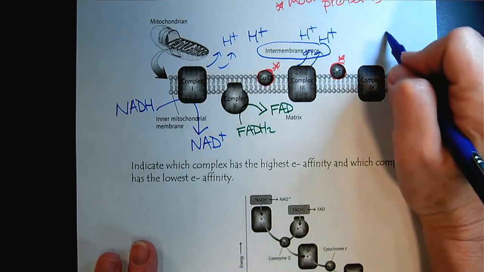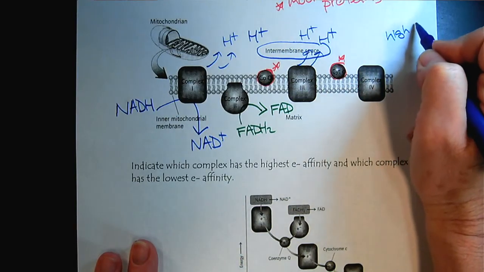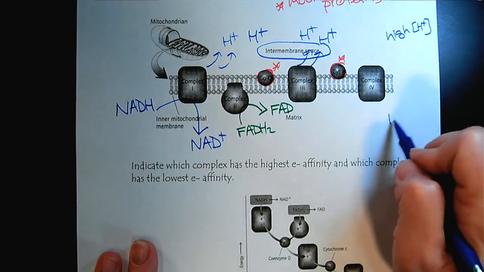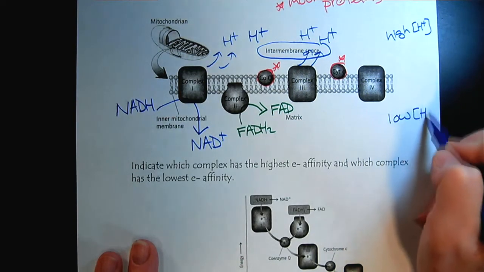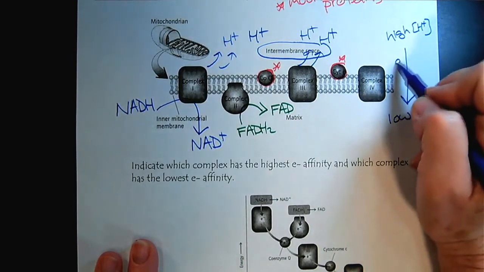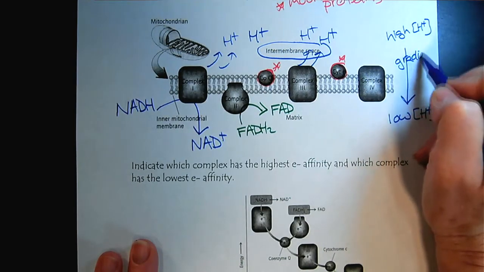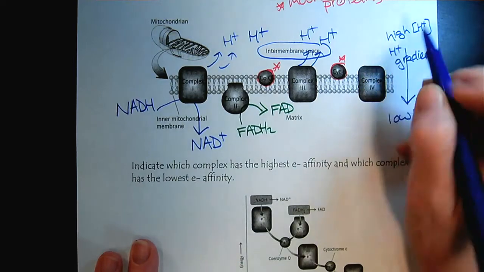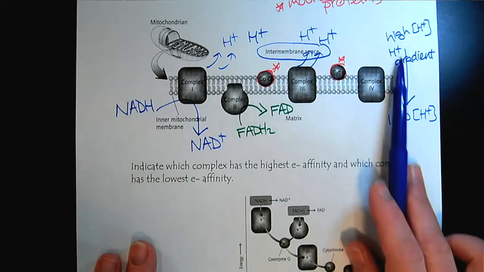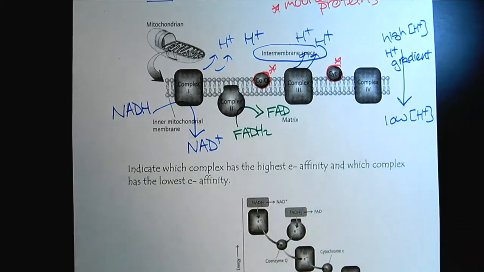So we have the high proton concentration here, and we have the low proton concentration here, right? So this is what sets up the gradient, right? So the protons, they want to diffuse from high concentration to low concentration, right?